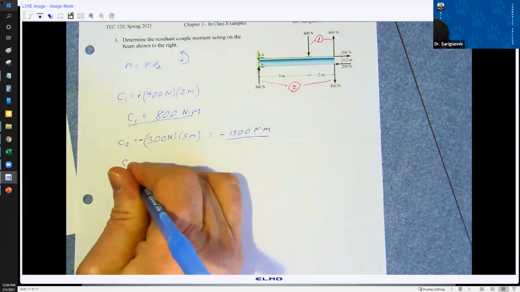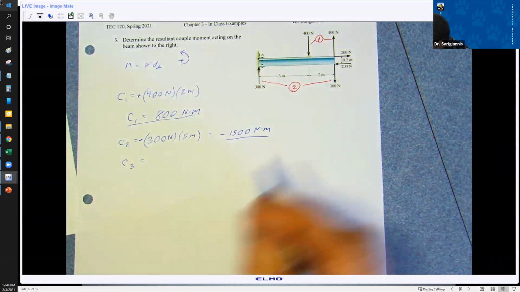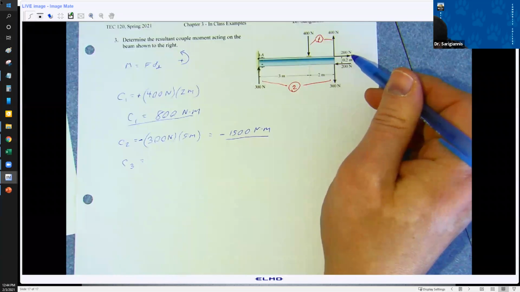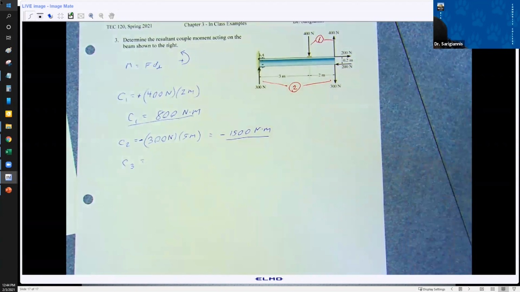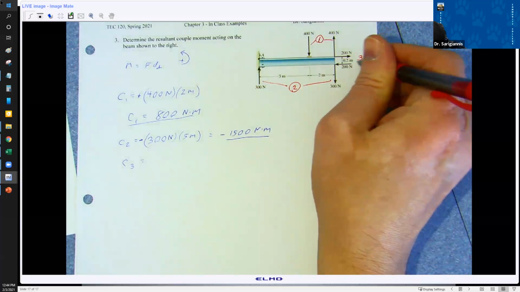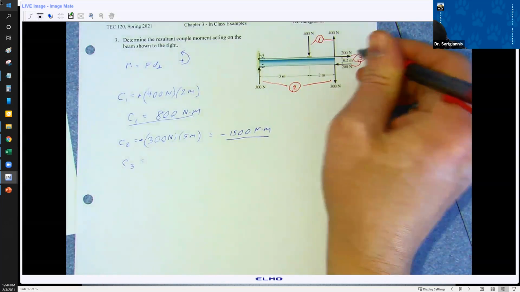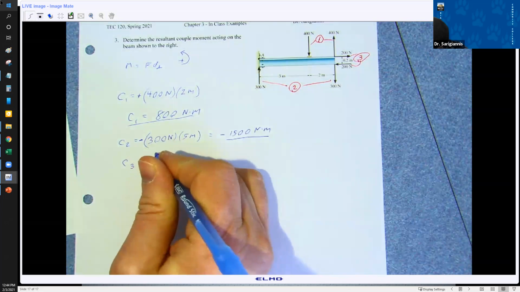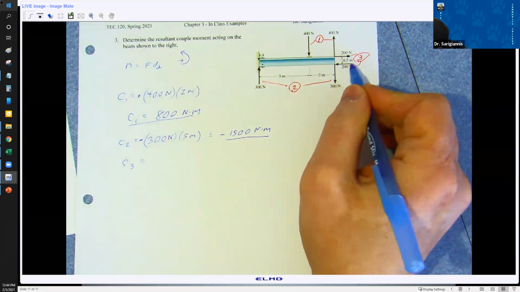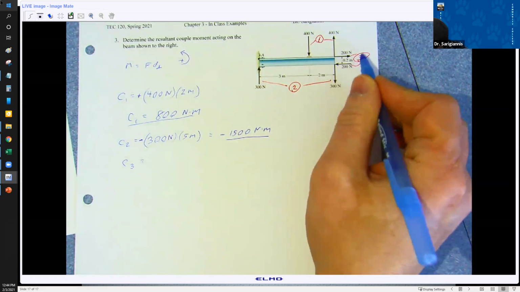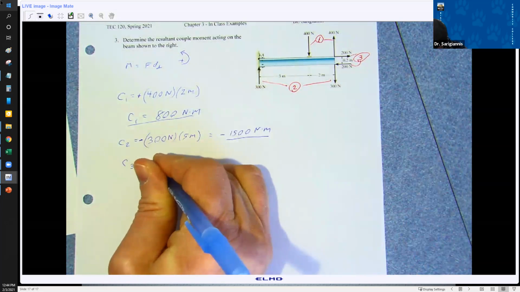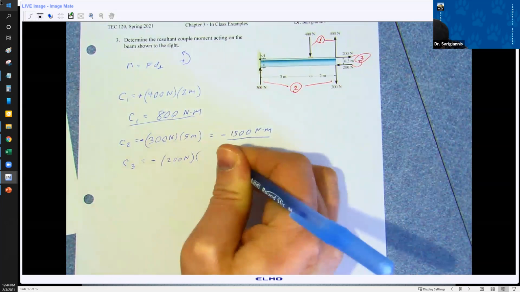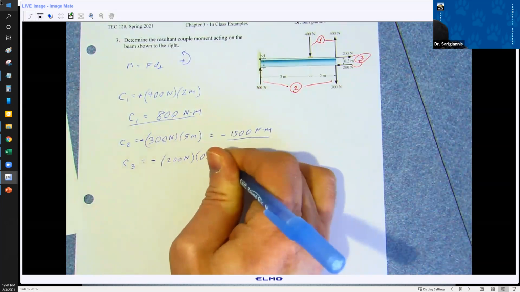And finally, we've got couple 3, which is acting over here. We can see the forces, 200 Newtons. Let me label this couple 3. And they're 0.2 meters apart. This is going to generate a clockwise rotation, so this is a negative: 200 Newtons times 0.2 meters.